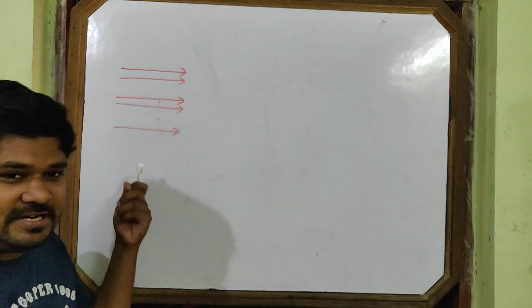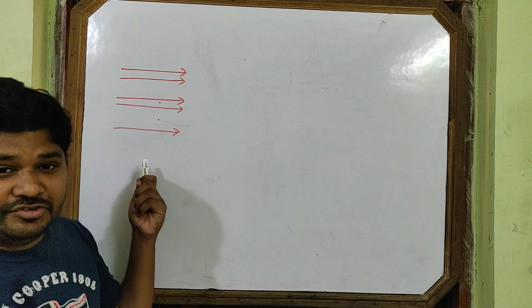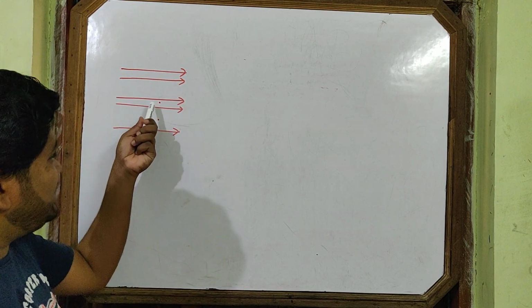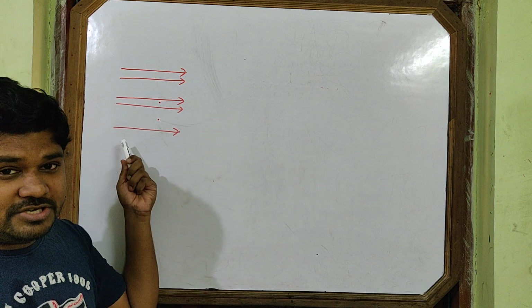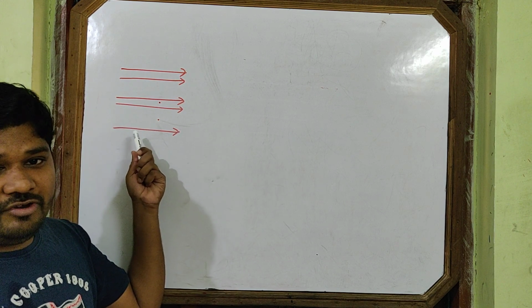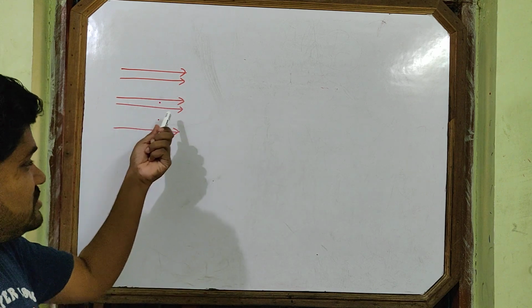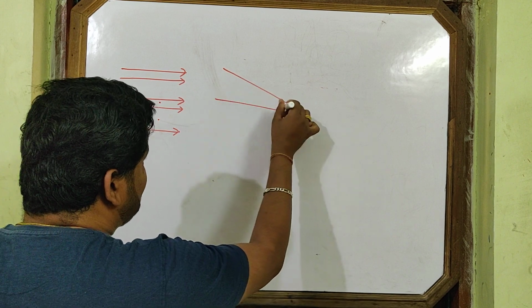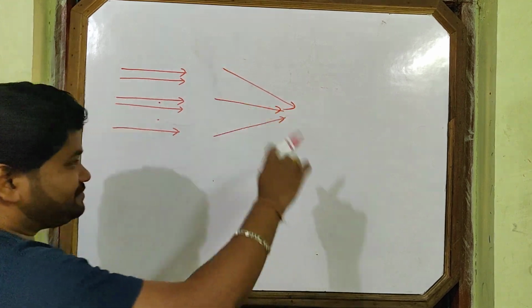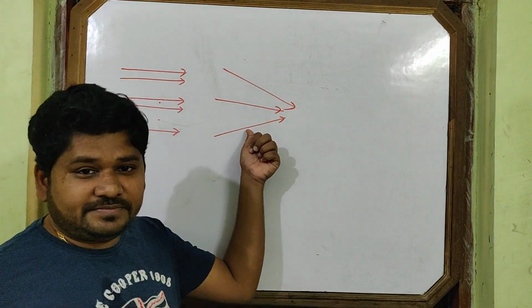This is now an example of non-uniform electric field. Here magnitude is not same, but direction is same. So this is one non-uniform electric field: parallel lines, non-uniform electric field. This is also one non-uniform electric field, convergent.